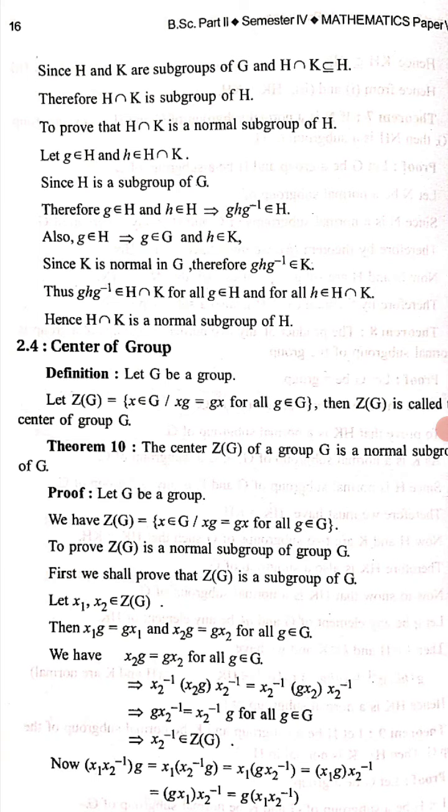So this implies that g x2 inverse is equal to x2 inverse g for all g belongs to G, and this implies that x2 inverse belongs to Z of G.